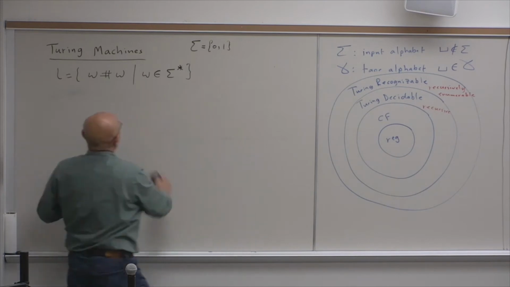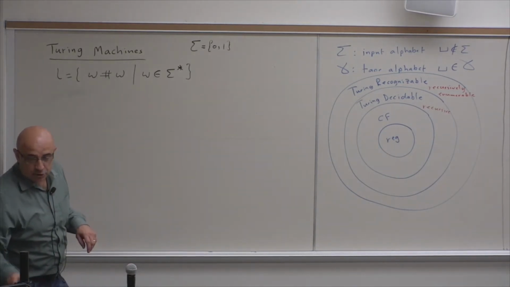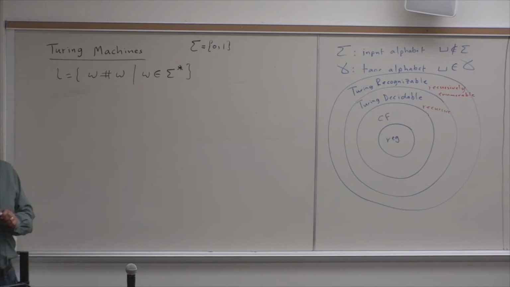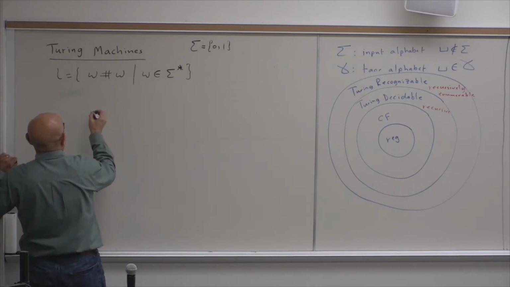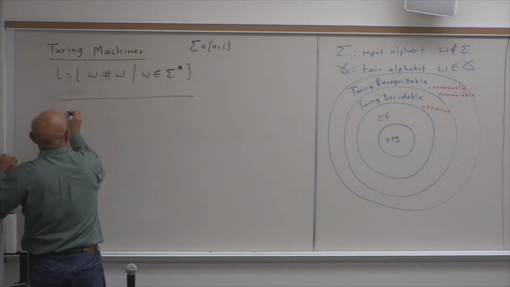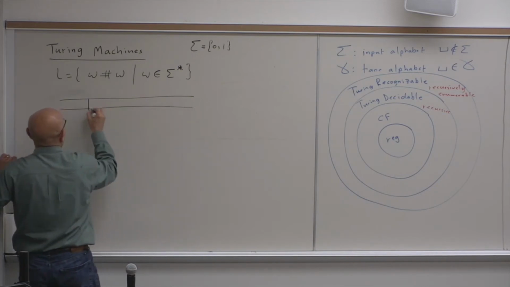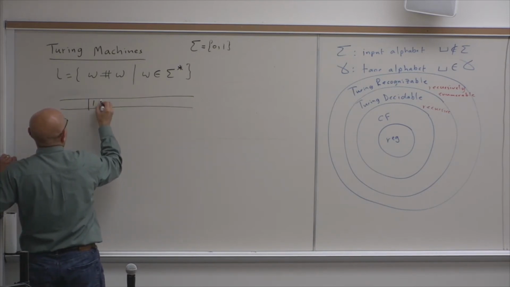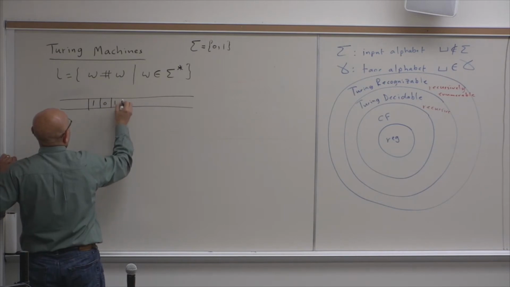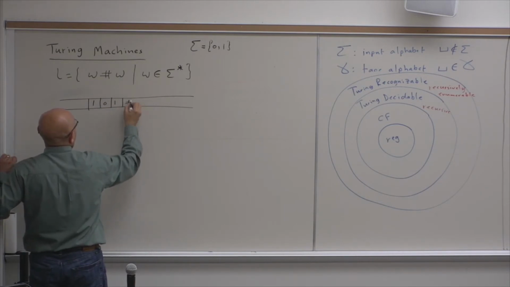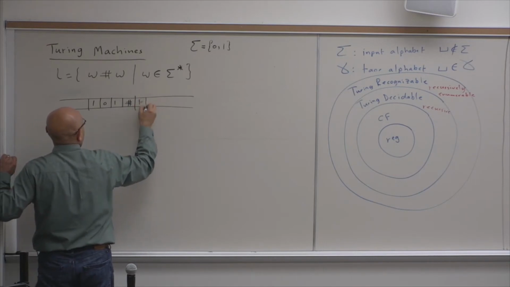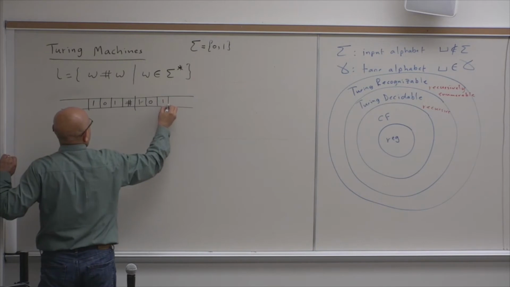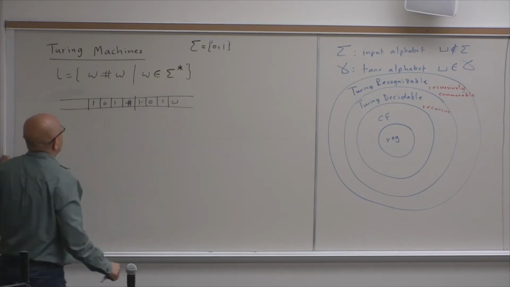Okay, so now let's show by example how a Turing machine can recognize this language. Let's look at this example: 1, 0, 1, 1, 0, 1.